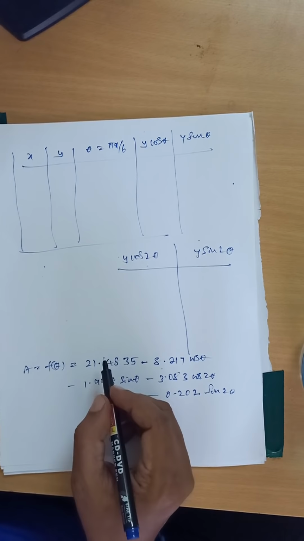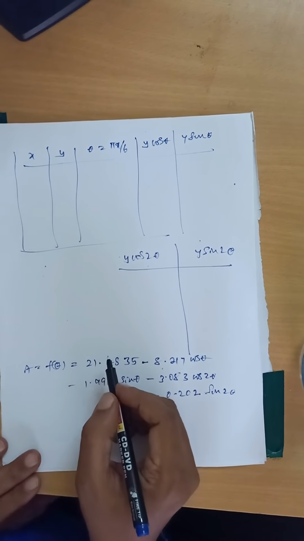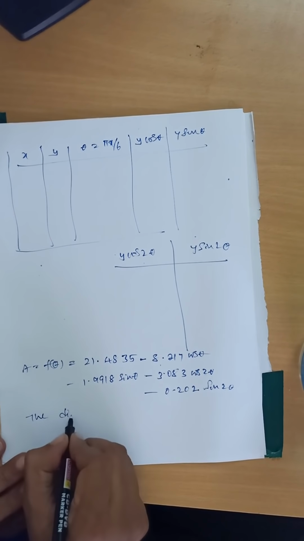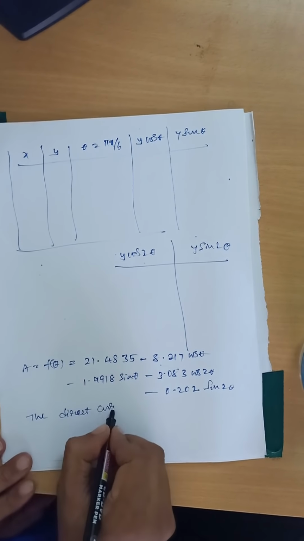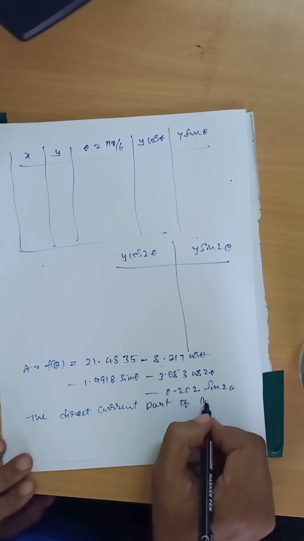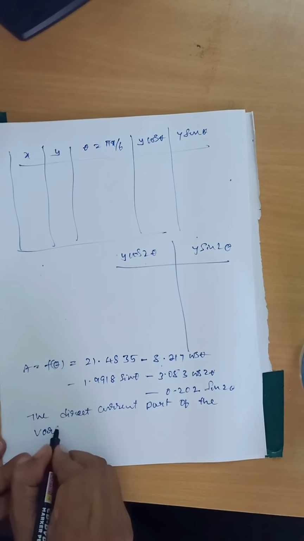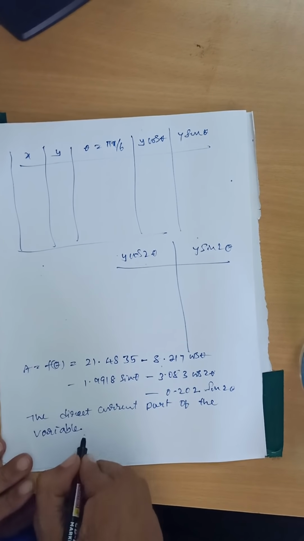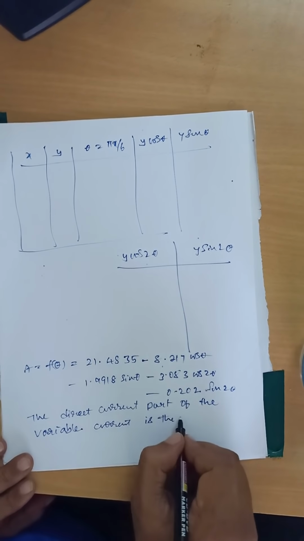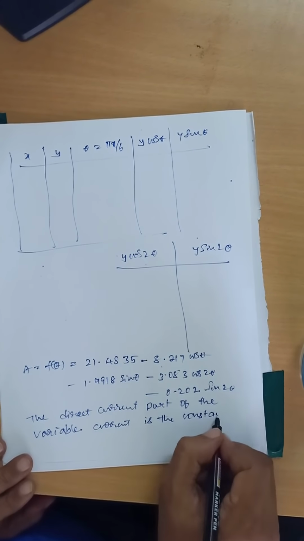But in this problem, you mention the direct current part of the variable current, which is the constant term.